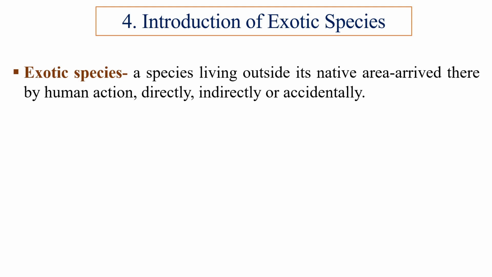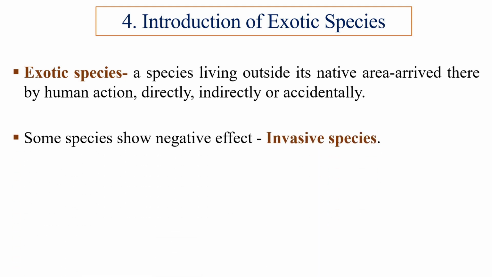The influence of exotic species is highly variable. Some species may have a negative effect on the local ecosystem in which they have been introduced. In such cases, they are also classified more significantly as invasive species.